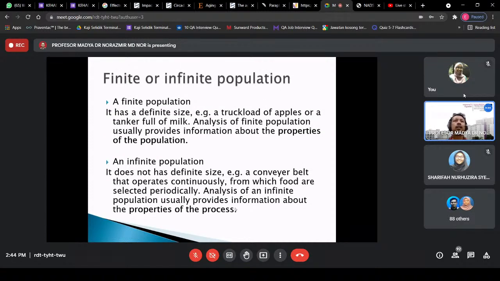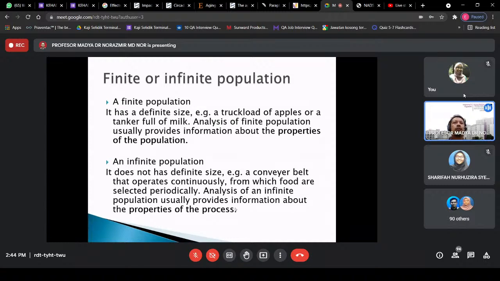Okay, the explanation for finite or infinite population. A finite population has a definite size, such as a truckload of apple or a tanker full of milk. Okay, remember, a truckload of apple or tanker full of milk.